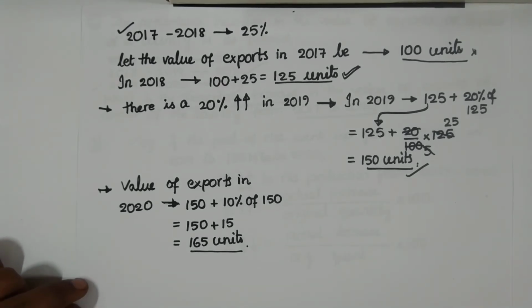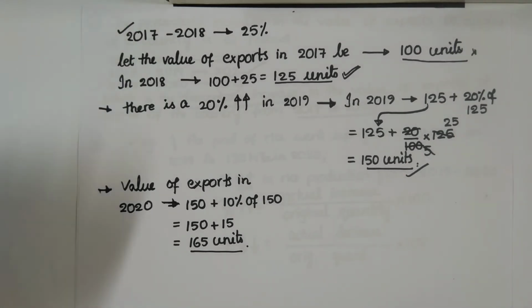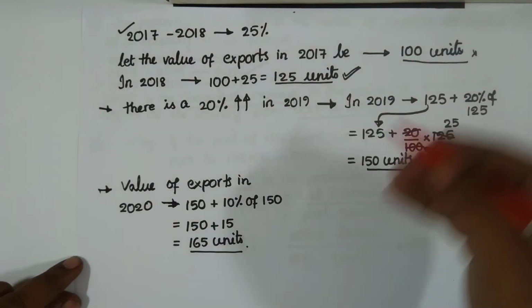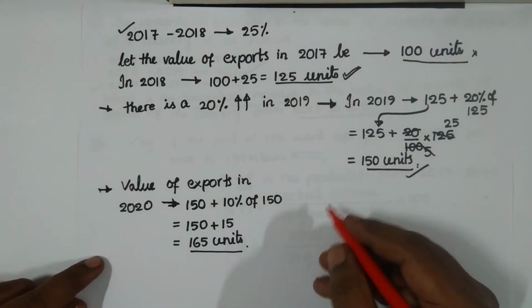So 165 units is the obtained answer. Now could you tell me the overall increase in exports? The overall increase in exports is equal to 165 minus 100, that is 65 units.